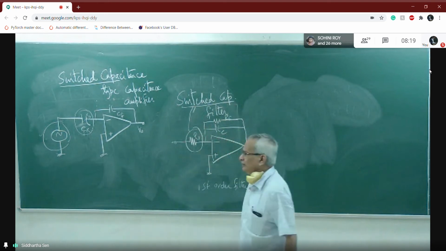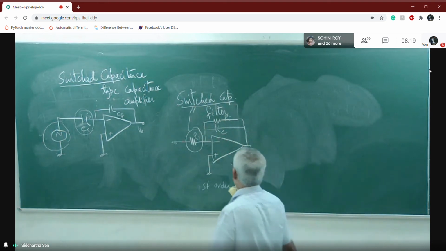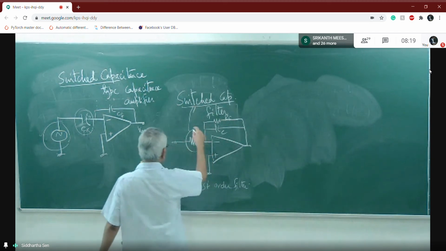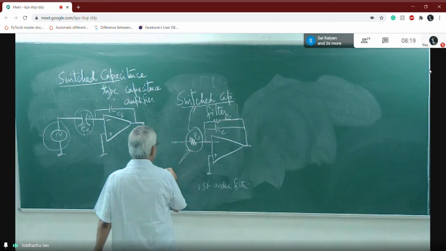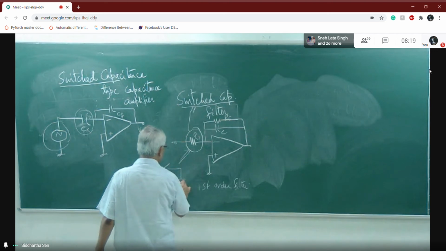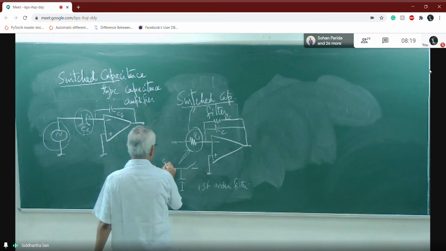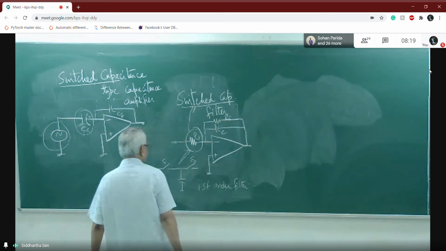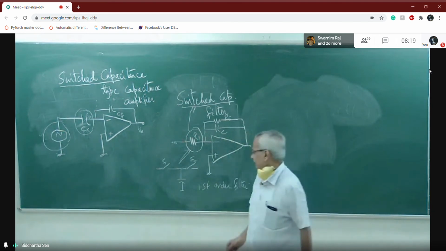Okay. Basically, it is some capacitance. I am not remembering the circuit, but if it is a resistance there, you can have some sort of switches, which are S1 and S2, which are sequentially operated, with a capacitance.